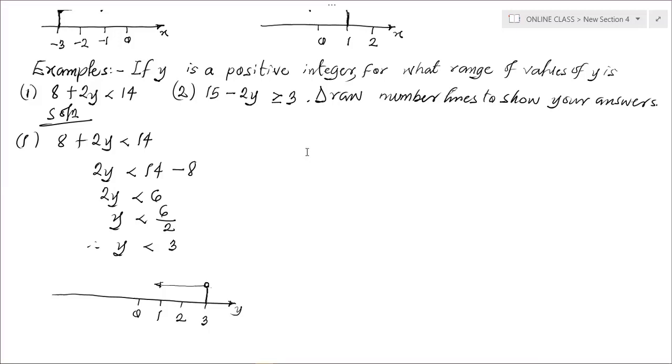Y is less than or equal to, you will change the sign immediately. You are taking the minus 2 to the right, you should change the sign immediately. The answer now will be y is less than or equals to minus 12 over minus 2. What was your final answer? Y is less than or equals to 6.